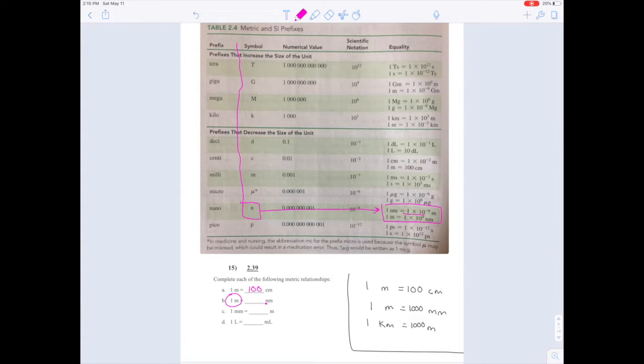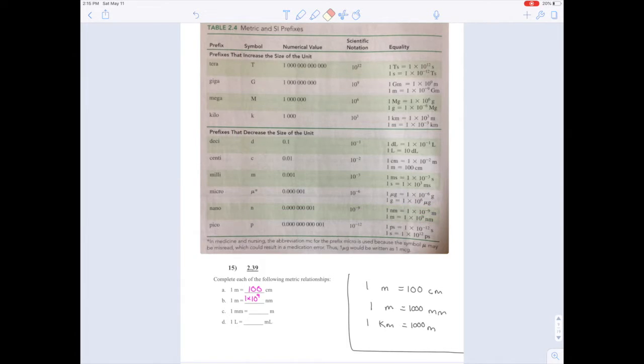The one on top has 1 times 10 to the negative 9th meter, so it's definitely not that one. The one on the bottom does have 1 meter, and so we're going to fill this in using that. So 1 meter equals 1 times 10 to the 9th nanometers.